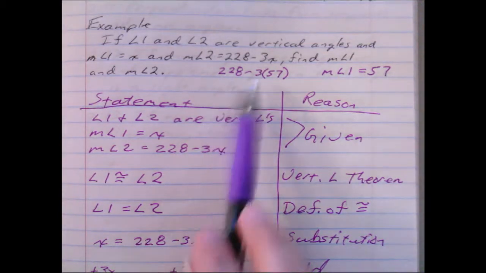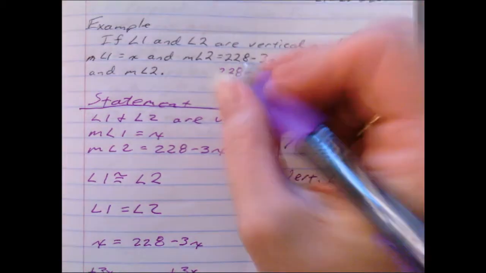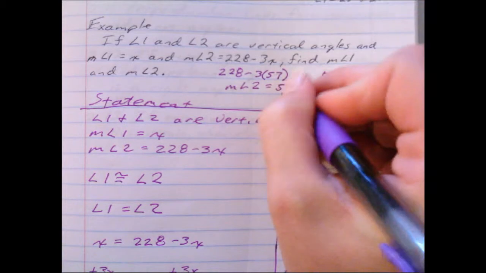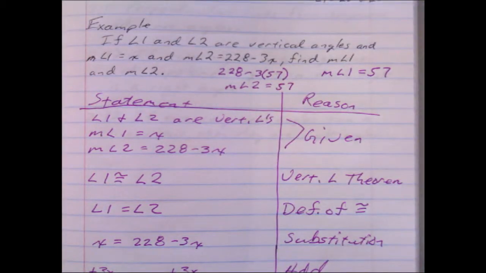So when we actually work this all out, we should get the measure of angle 2 also equals 57. Okay?